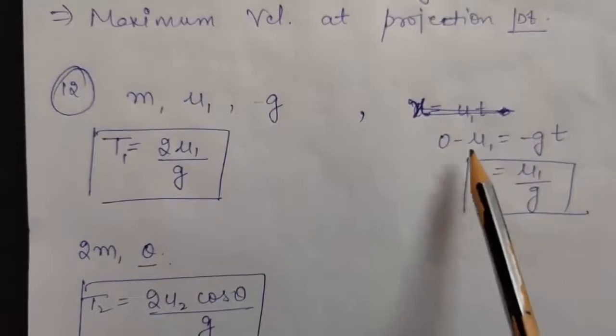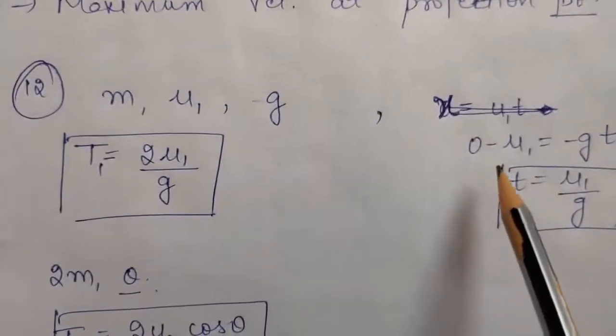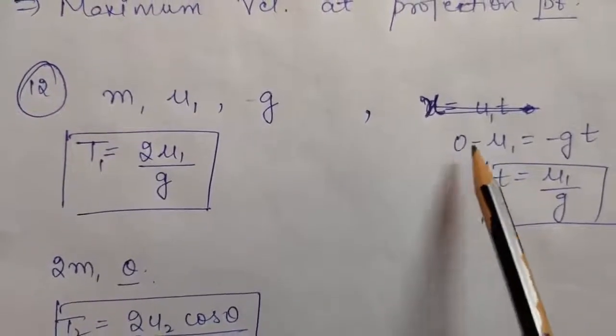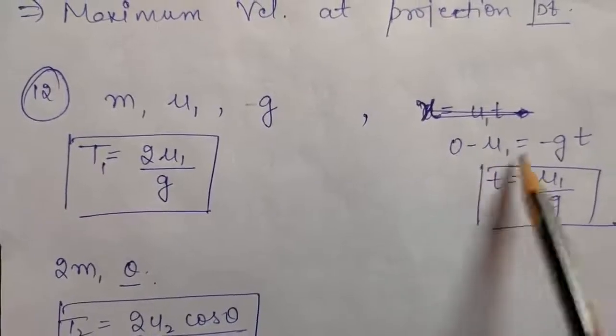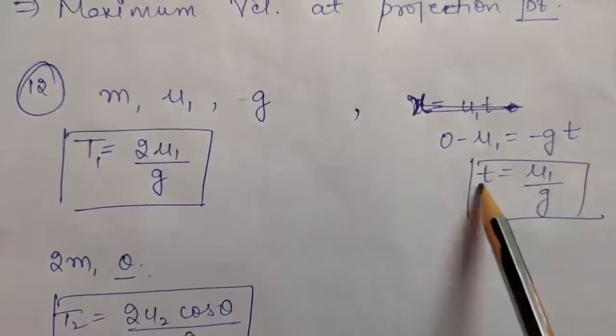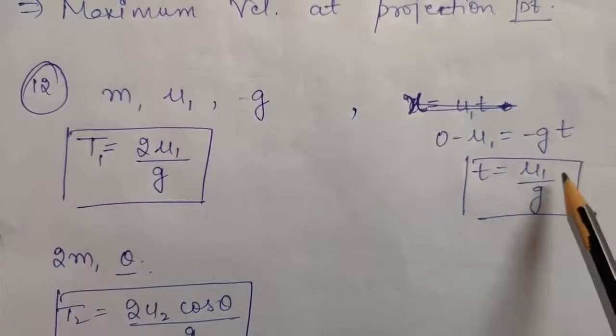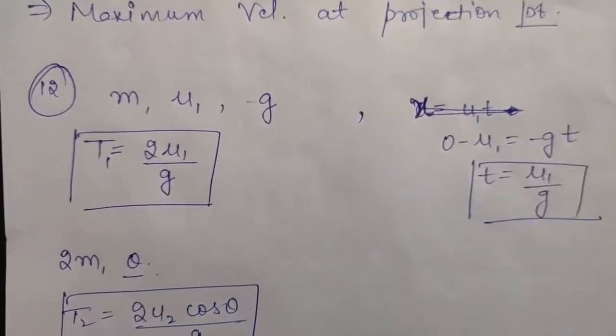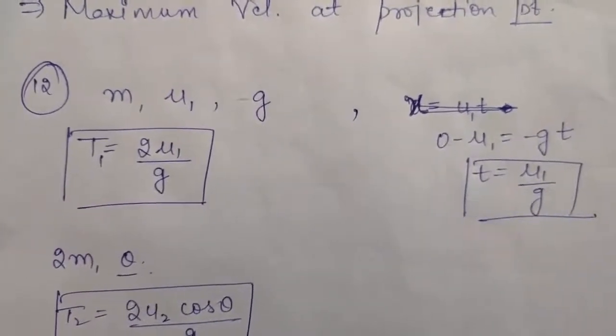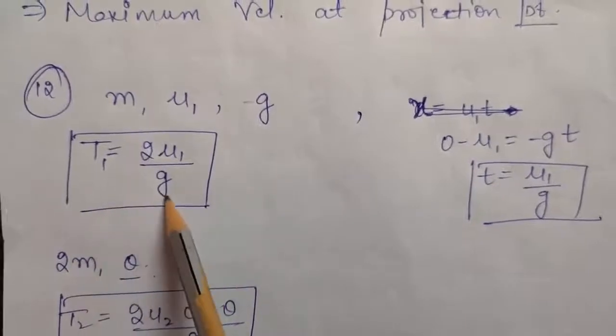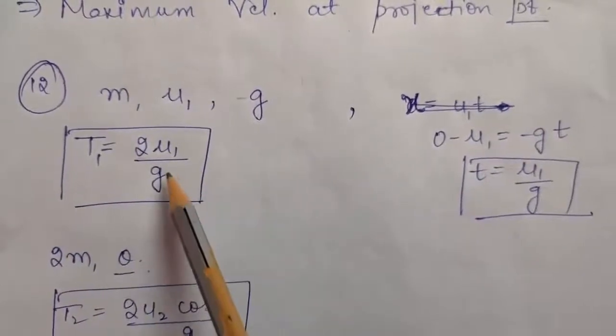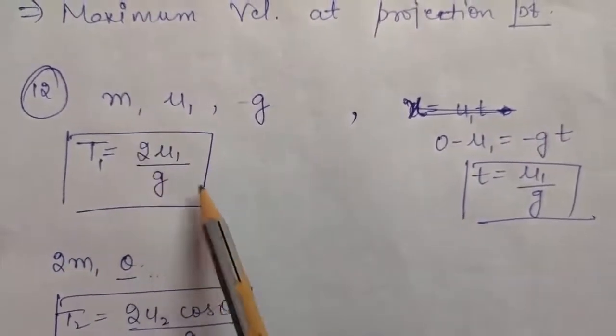Now use the equation v minus u is equal to at. So v is 0, that is final speed, minus u1 is equal to at. From here t will come to be u1 by g. So this is the time to go upward. So total time again to strike the ground will be 2u1 by g. So this is the total time for which the mass m is in air.